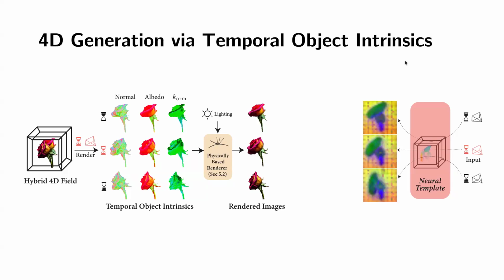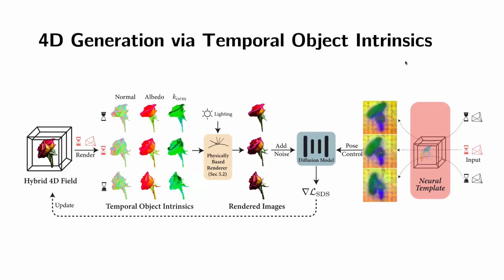And I can improve this process and learn to optimize this 4D hyperfield by applying SDS on the diffusion models. But the diffusion models are taking the intermediate representations of these dynamic features as guidance, right? So I'm not just improving the 4D field to make it always look like a 3D bloomed rose. I'm actually improving this 4D field so that it can generate the rose at the corresponding stage if I condition it on the corresponding time point.